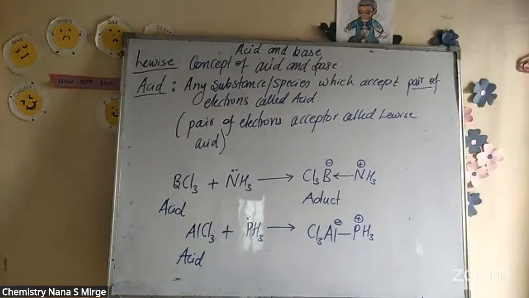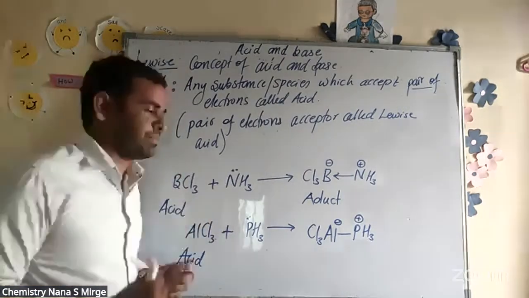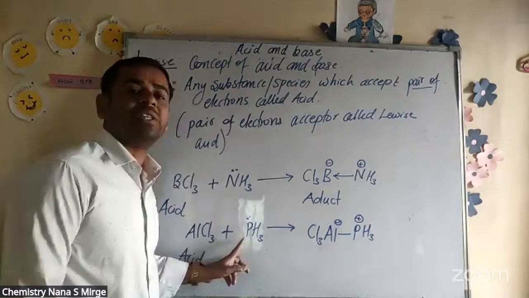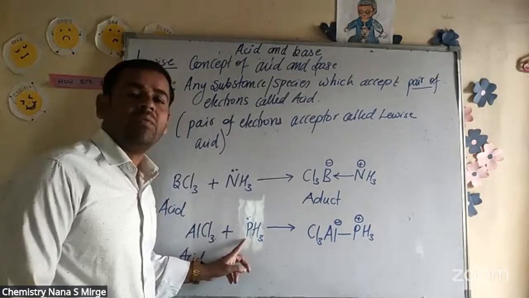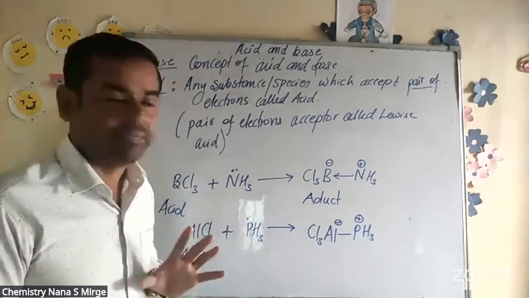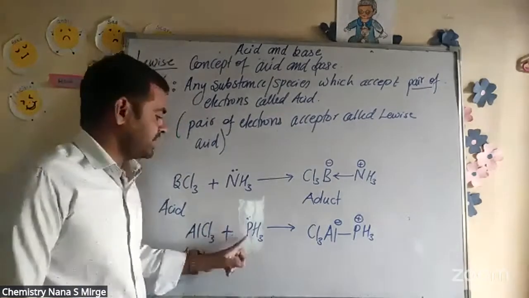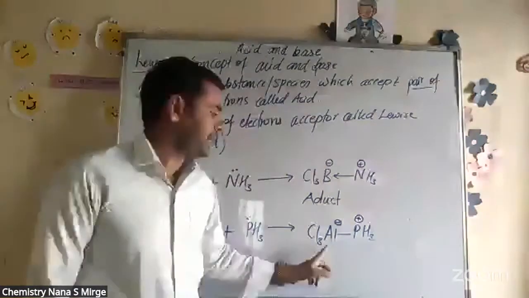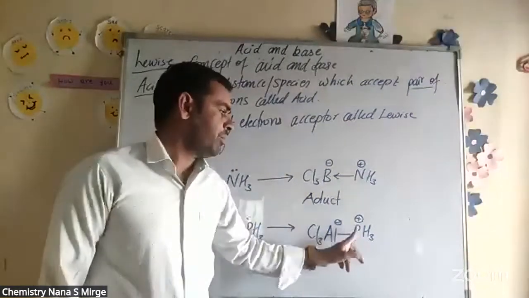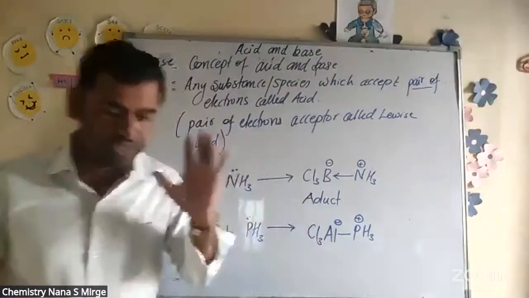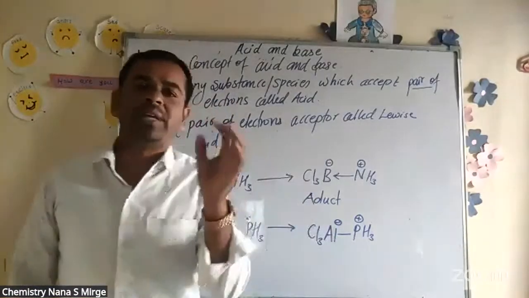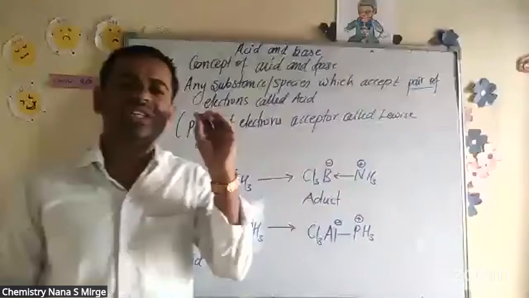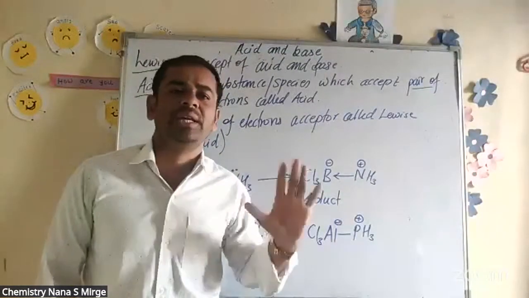Why is it a Lewis acid? Because it can accept a pair of electrons from the phosphorus atom, forming Al negative ion and phosphorus positive ion. Very simply, any species which accepts the pair of electrons is called acid.